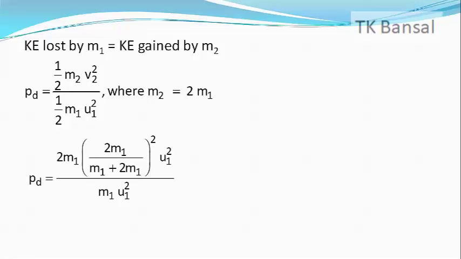Substituting these values, we get Pd is equal to 2 m1 times (2 m1 divided by (m1 plus 2 m1)) whole square into u1 square, whole divided by m1 u1 square, which on simplification gives me 8 divided by 9, which is equal to 0.89.